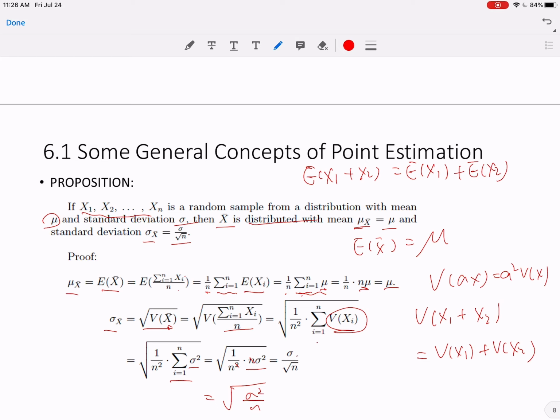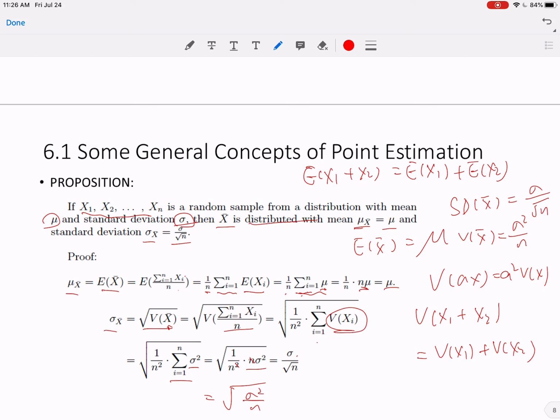So the standard deviation of x bar is going to be equal to sigma over the square root of n. And of course, the variance of x bar is going to be equal to sigma squared over n. Of course, sigma squared is the population variance given in the problem.